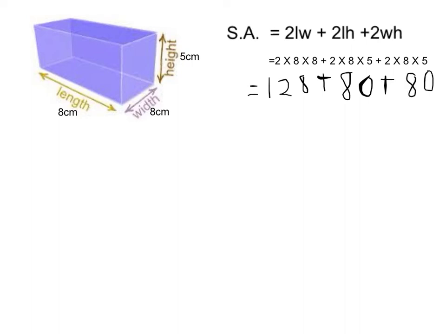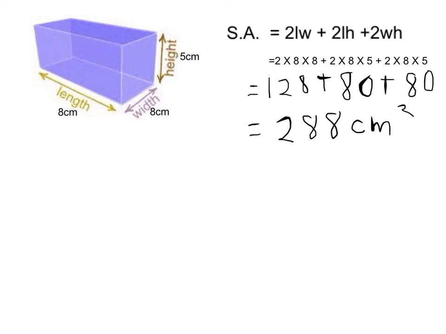Remember, I have to do my multiplication first, following the rules for BEDMAS. And 128 plus 80 plus 80 is 128 plus 160, which gives me 288 square centimeters.